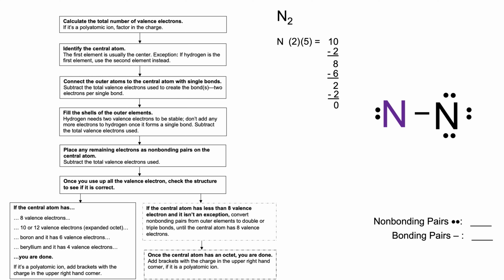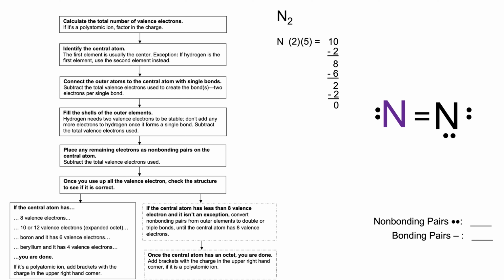When I go and check the central atom, that purple nitrogen, it has 4 valence electrons, so it's not happy. I'm going to go back to that outer nitrogen, erase a non-bonding pair and create a double bond. When I go back and check, that central nitrogen is still not happy. It now has 6 valence electrons.